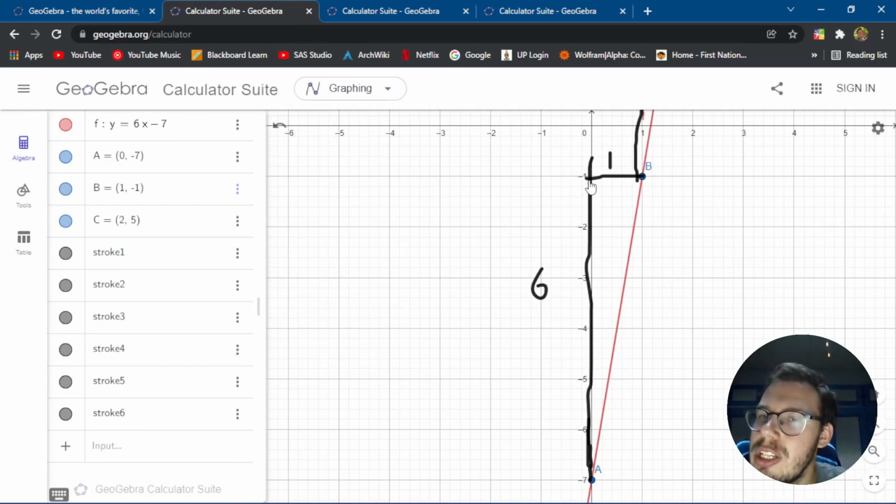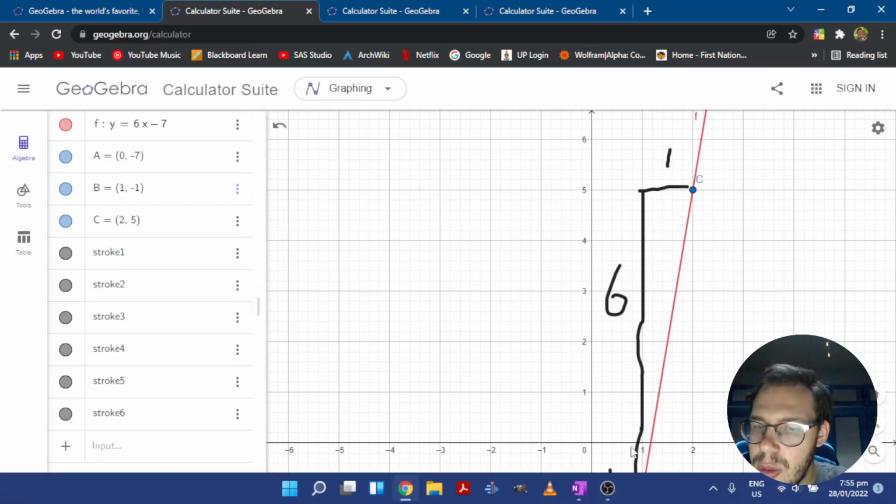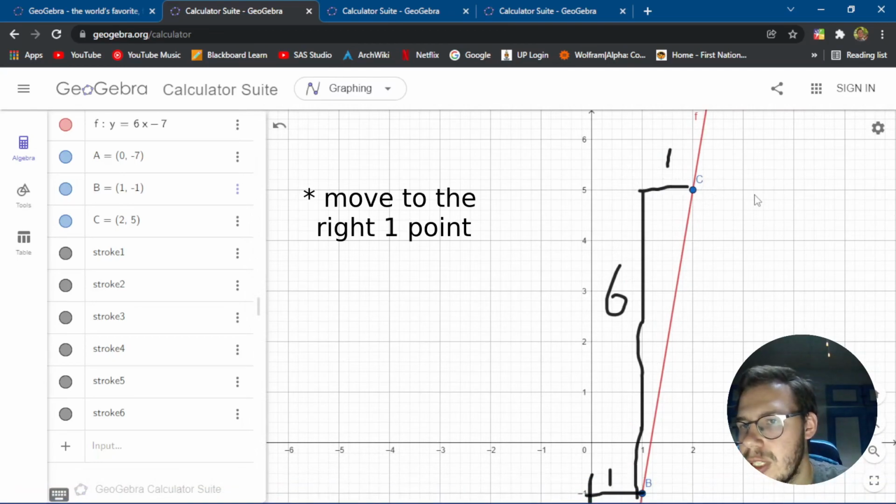And because the change in x is positive and it's equal to 1, we move 1 to the right. And there we get our point B, which is (1, minus 1). So to get C, we move up 6 points and we move to the right 1 point.